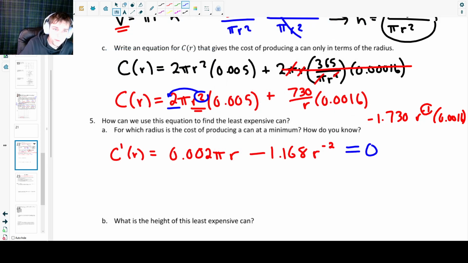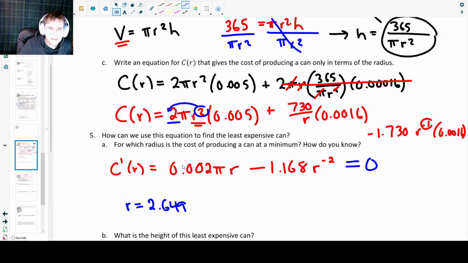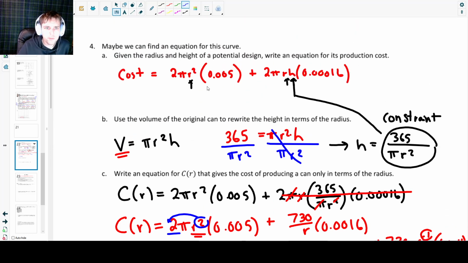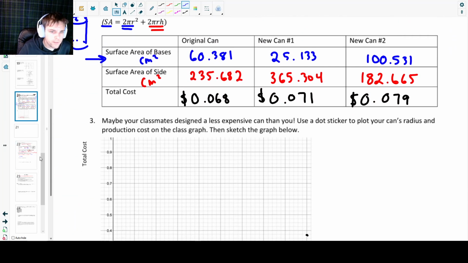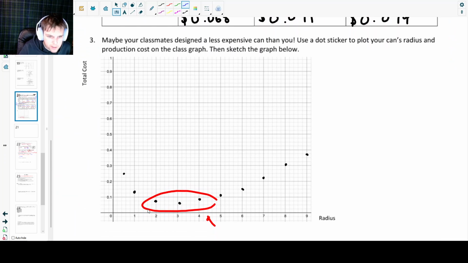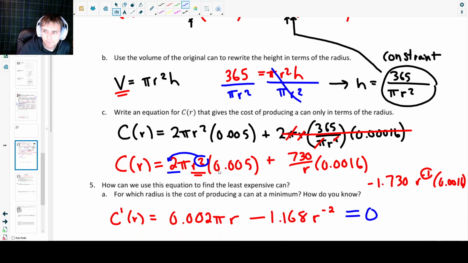So we have a critical value at r equals 2.649. And that was the only one we could see. And that does align with what we were seeing when we did look at this graph here. If you can recall, we said we should have a minimum in this region, and 2.649 would be in this region down here. So that seems reasonable.